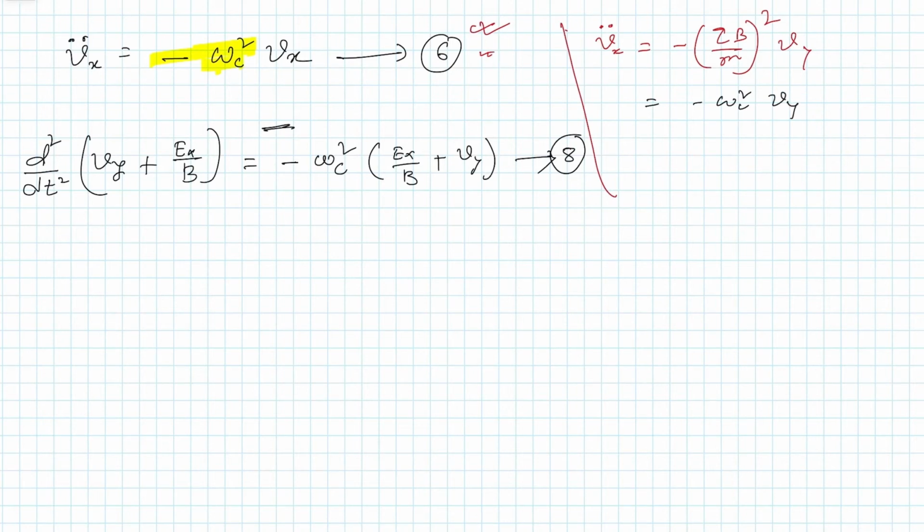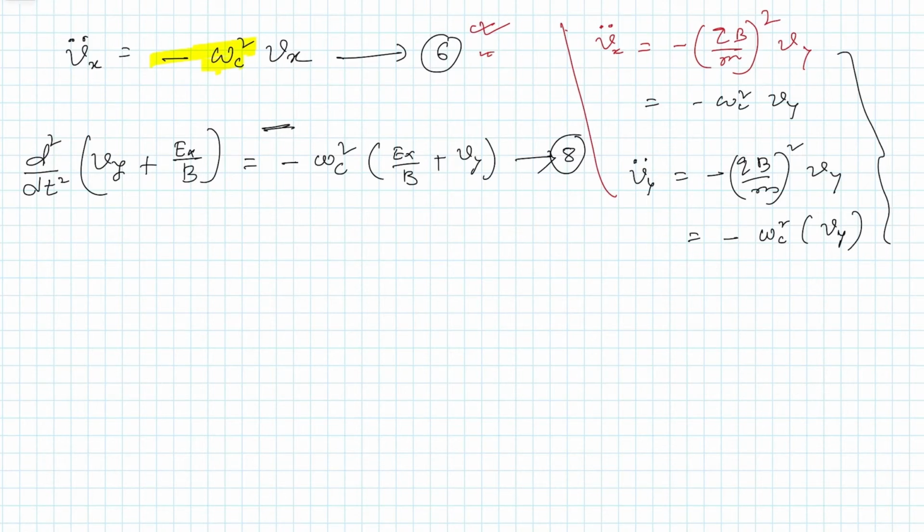And also we got Vy double dot minus (qB by m) square Vy, which also can be written as minus omega c square Vy.